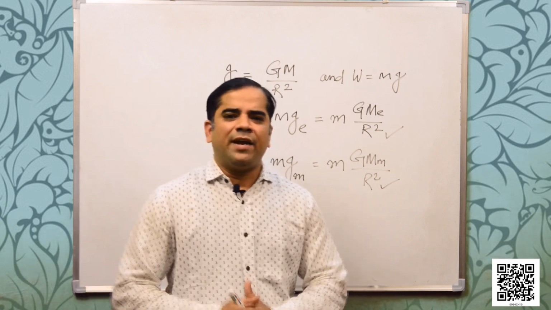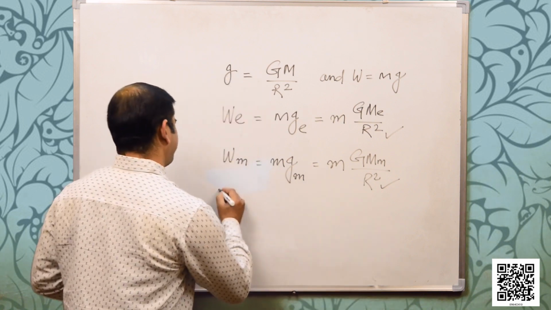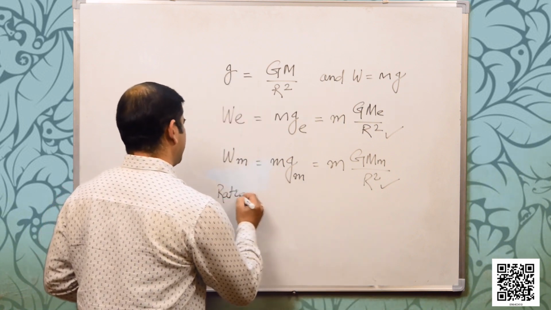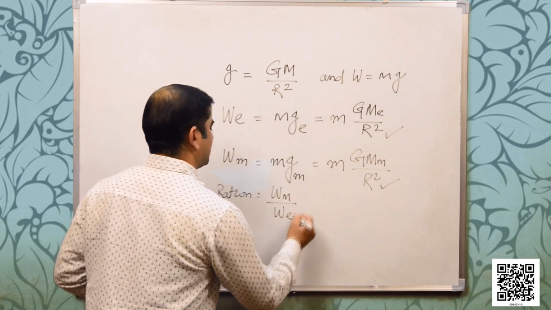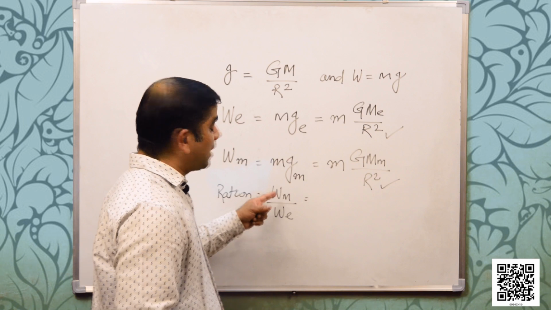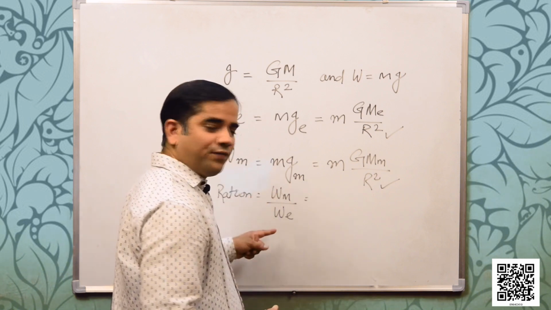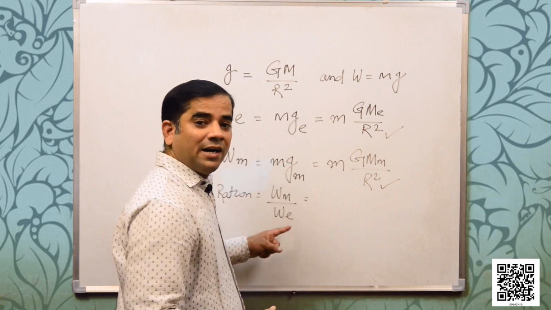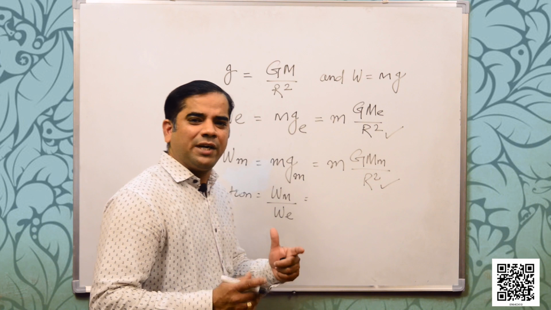Now, if we find the ratio, what we get? Ratio of weight of the object on moon to that of the weight on earth is equal to, what should it be?